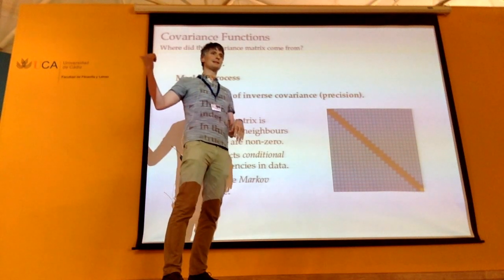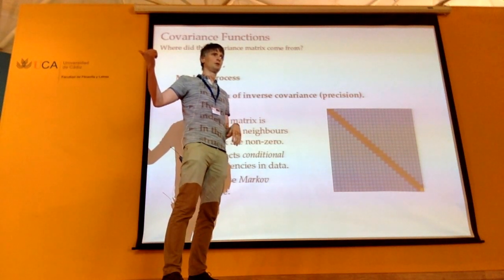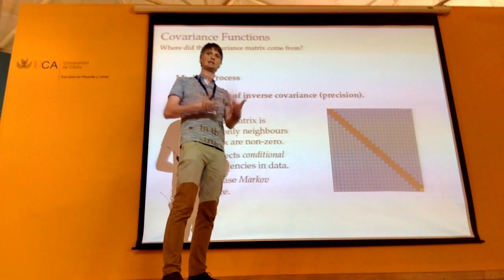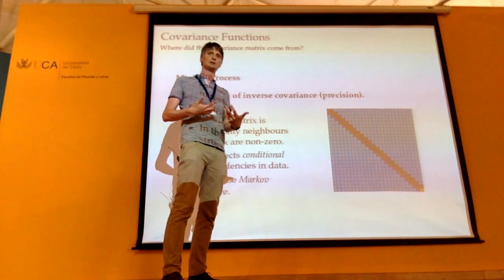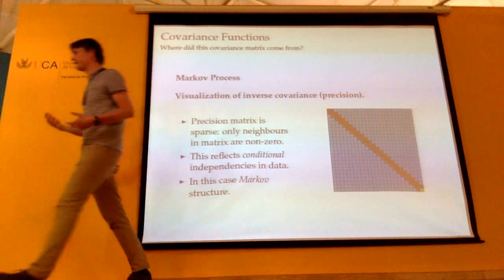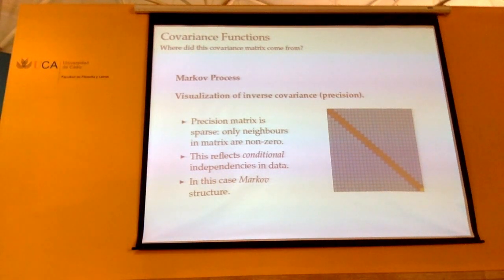Do you remember when Bernard said at the beginning that you're interested in causality and conditional independence structures? So if you've got a Gaussian random graph, the conditional independence structure manifests itself in the precision matrix, not the covariance matrix. Remember we said that there's a number of different ways of representing a Gaussian process.